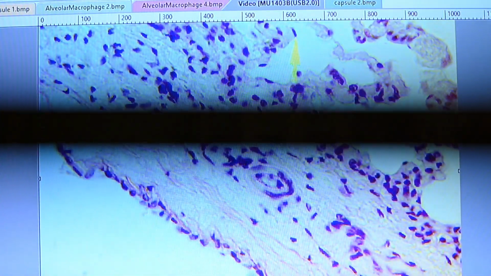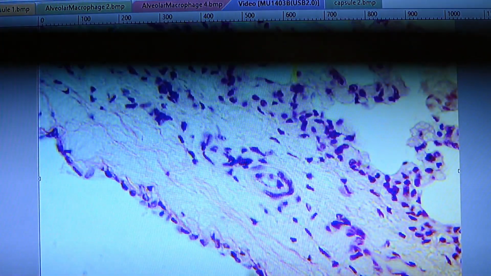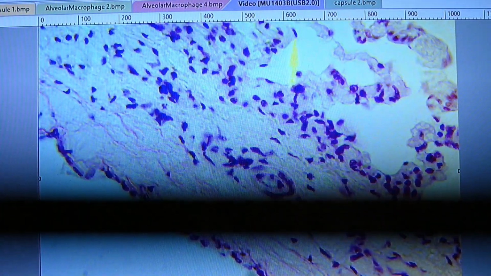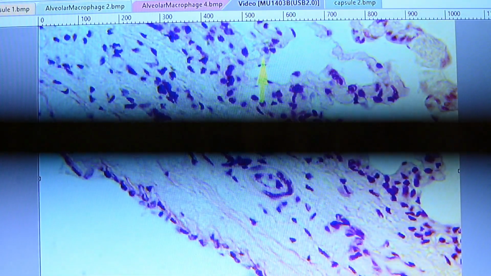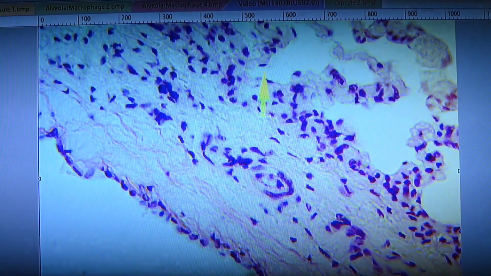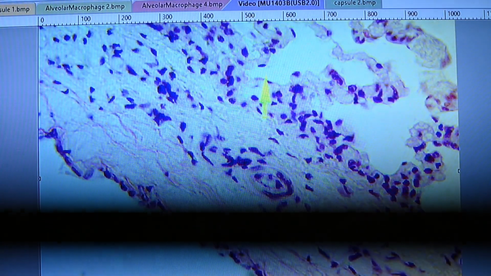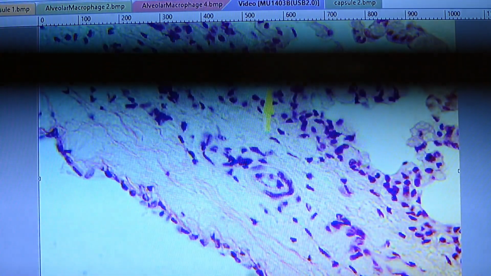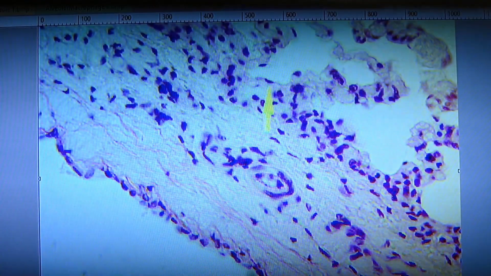Right there, it tends to have a rounded top and be more to the inside of a capillary, while this one down here seems to be a part of the lining of the alveolus right there, as does the one just below it right in here. Those are our type 1 alveolar nuclei.